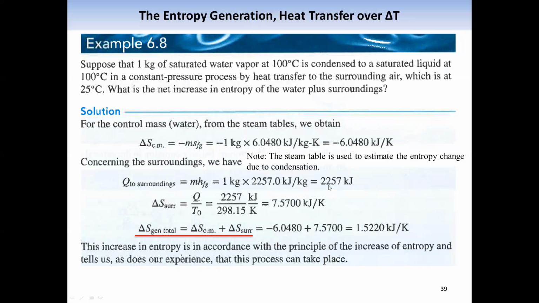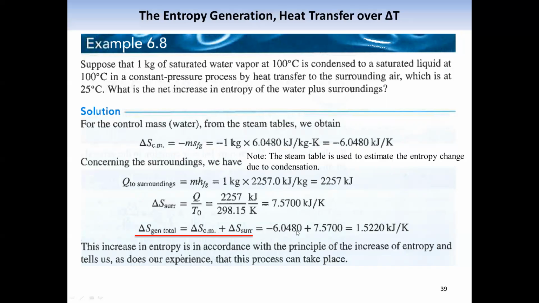So we get the heat transfer term, and when we divide by the temperature, make sure we put the environment temperature, 25 degrees C, as the denominator. Then we get the entropy change for the environment.